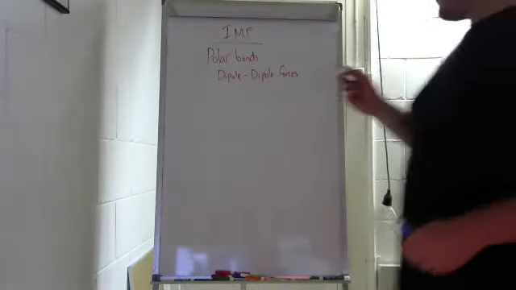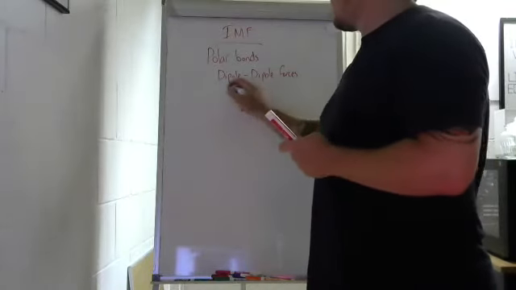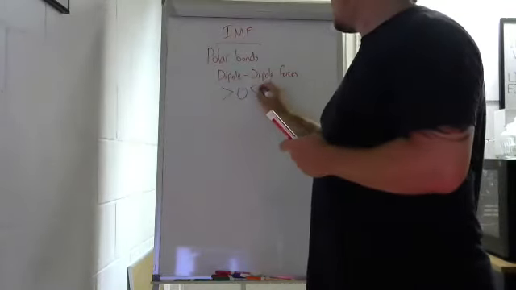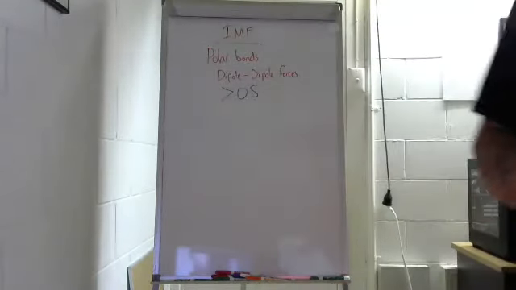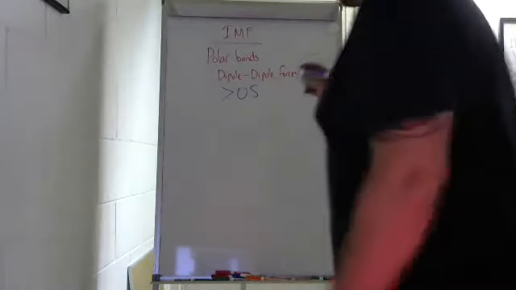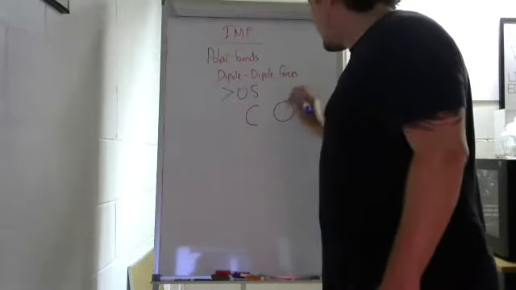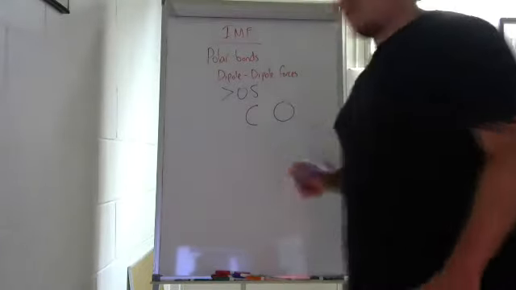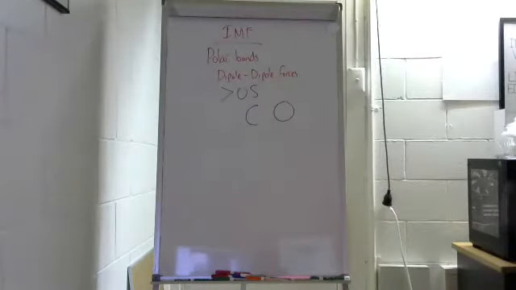This is when we have an electronegativity difference greater than 0.5. So let's look at carbon and oxygen. So again, go to those pesky formula books that everybody hates. Find me the electronegativity values, for yourself, between carbon and oxygen.